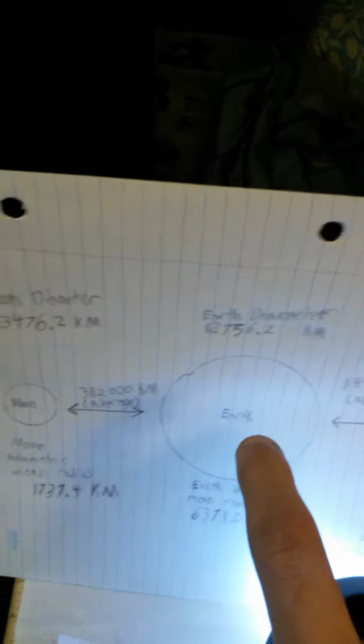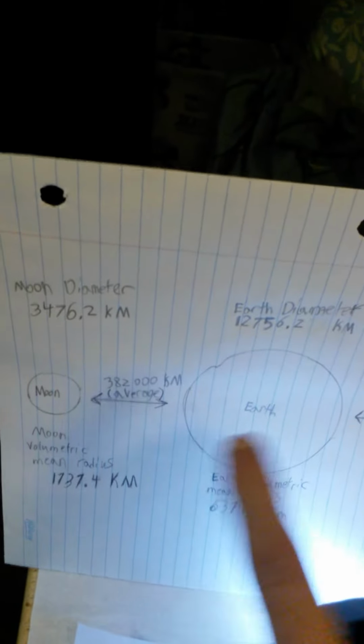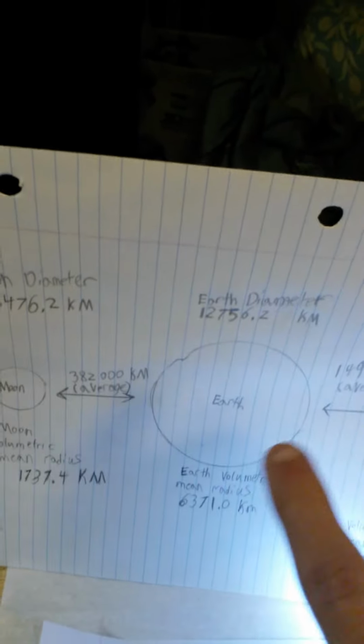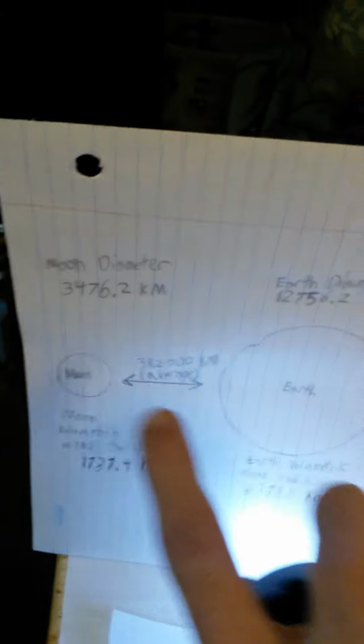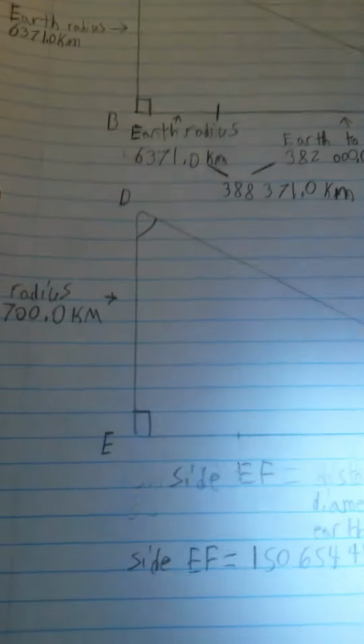Now, I took another right angle triangle going straight from the sun, including the sun's radius, including the distance from the Earth to the sun's radius, and then another radius, because the diameter is both. Diameter is the full, radius is only half. And then the distance from the Earth to the moon, that would be EF, written right there.